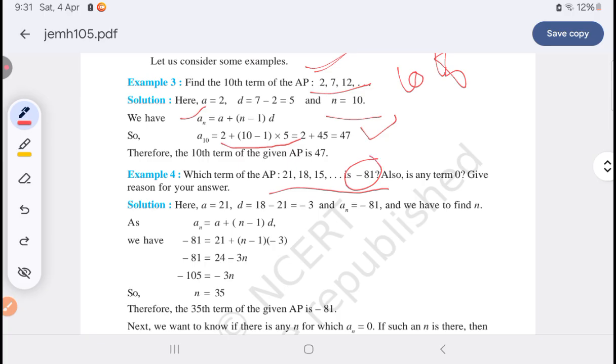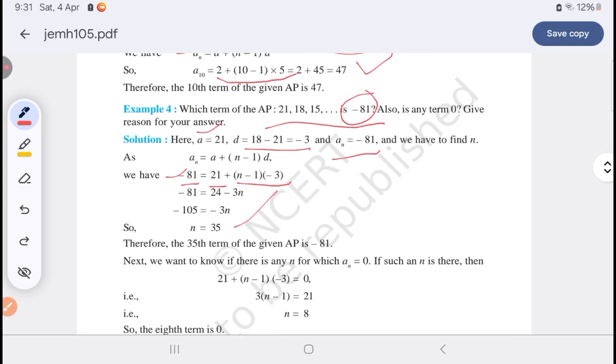So you have to find which term, that means you have to find n. The last term is given, an equal to minus 81, and the first term and the difference, which is minus 3, are given. So put the same thing here. You know an is minus 81, you know a is 21, and d is minus 3. You have to find n.